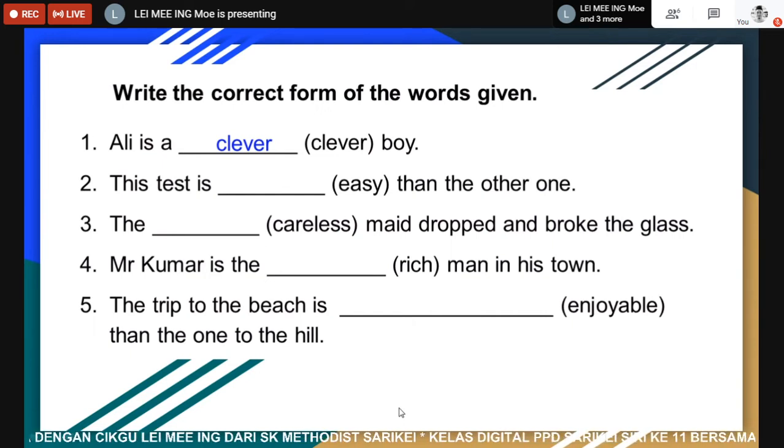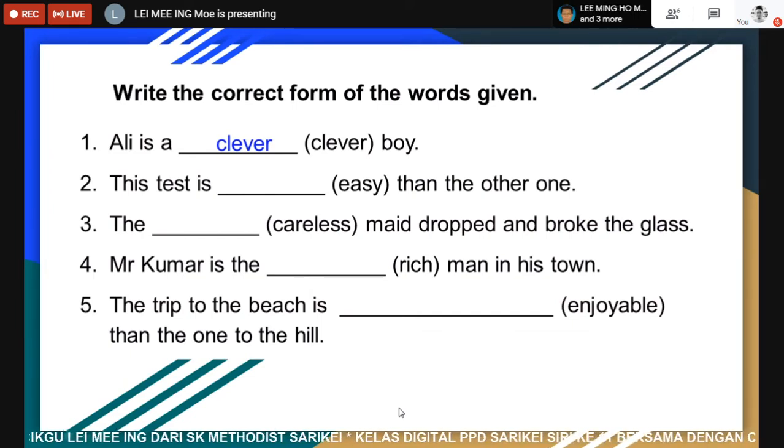Question number 2. This test is easier then the other one. So what is your answer for question number 2? Can you please type down your answer now in a few seconds? All right, I can see your answers now.